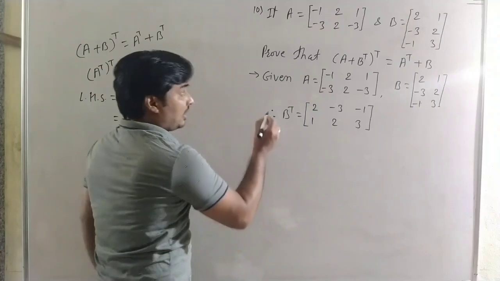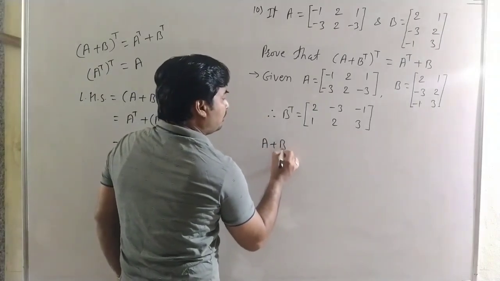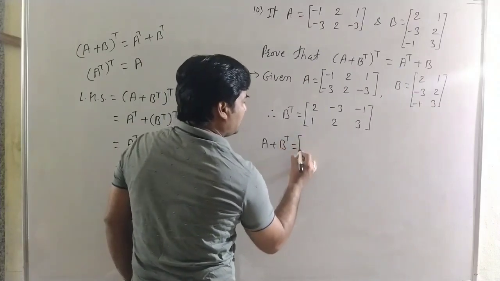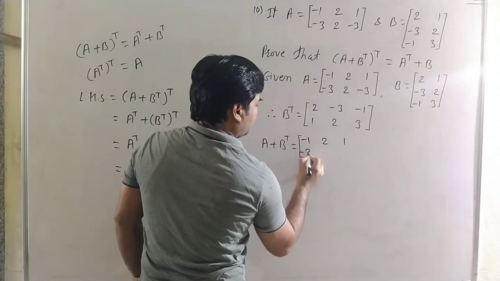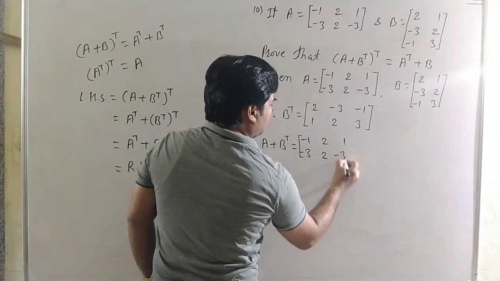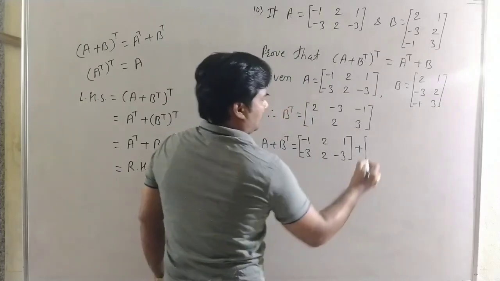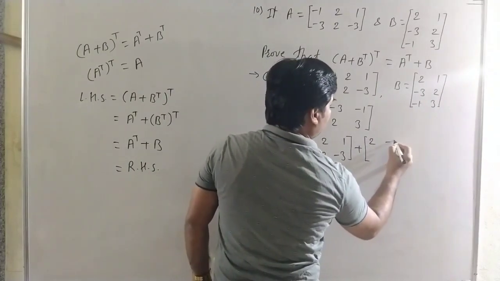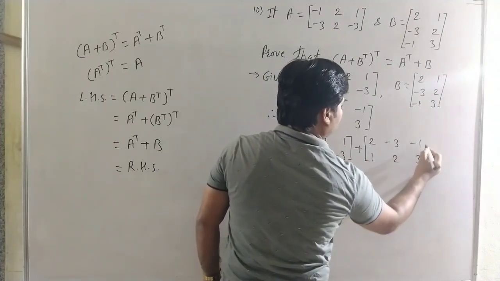Now first find A plus B transpose. A is [-1, 2, 1; -3, 2, -3] plus [2, -3, -1; 1, 2, 3].